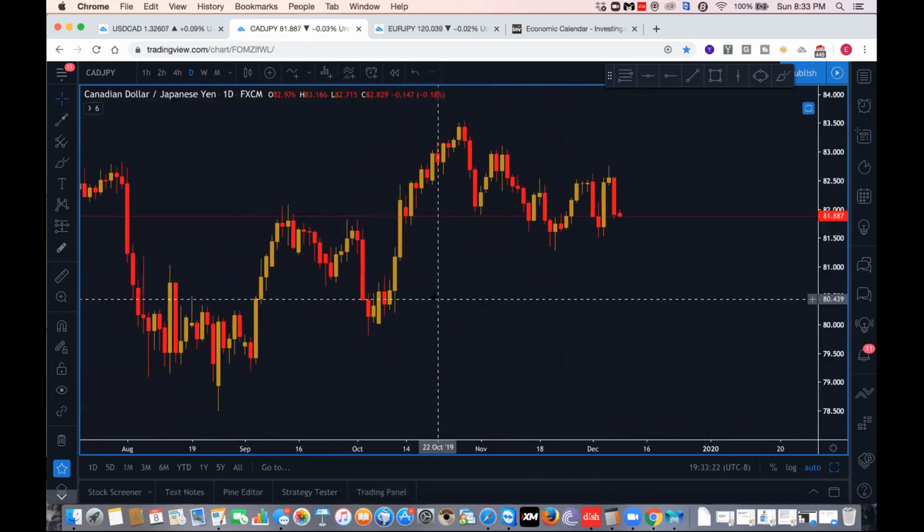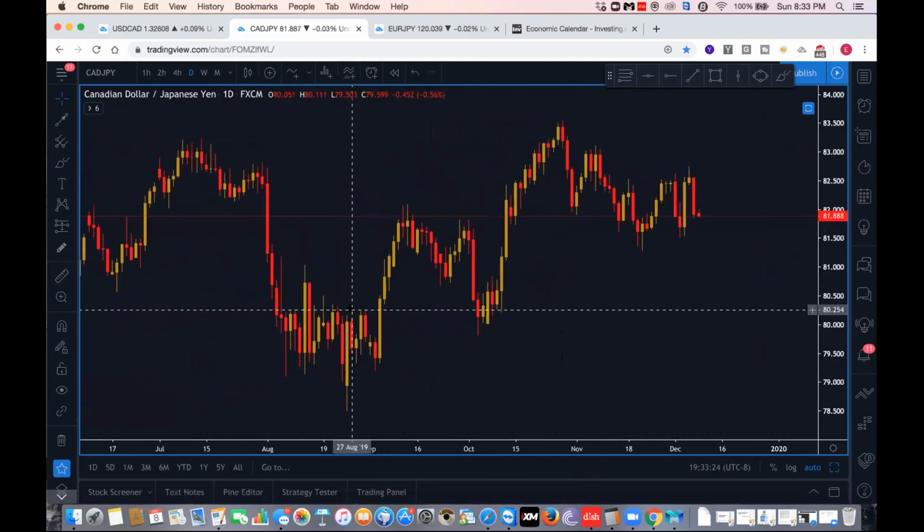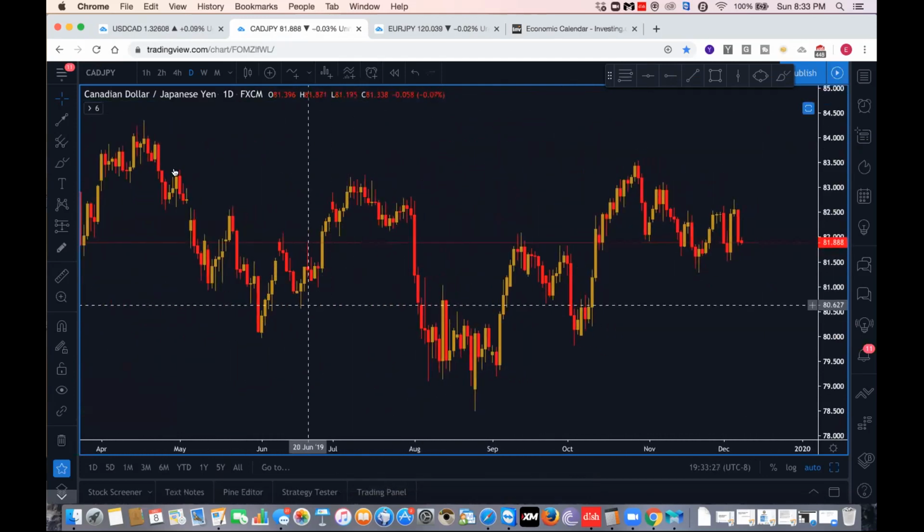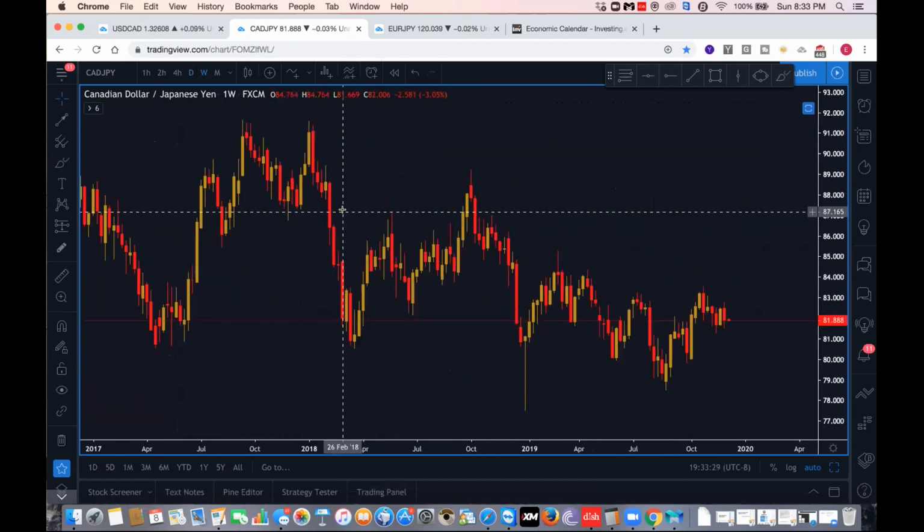So with CAD JPY, let me see the weekly chart. Okay, yeah.